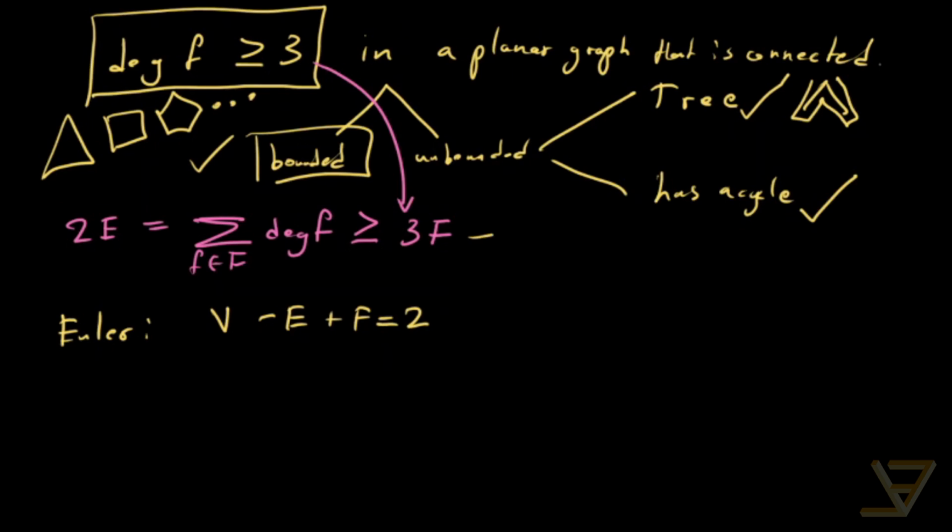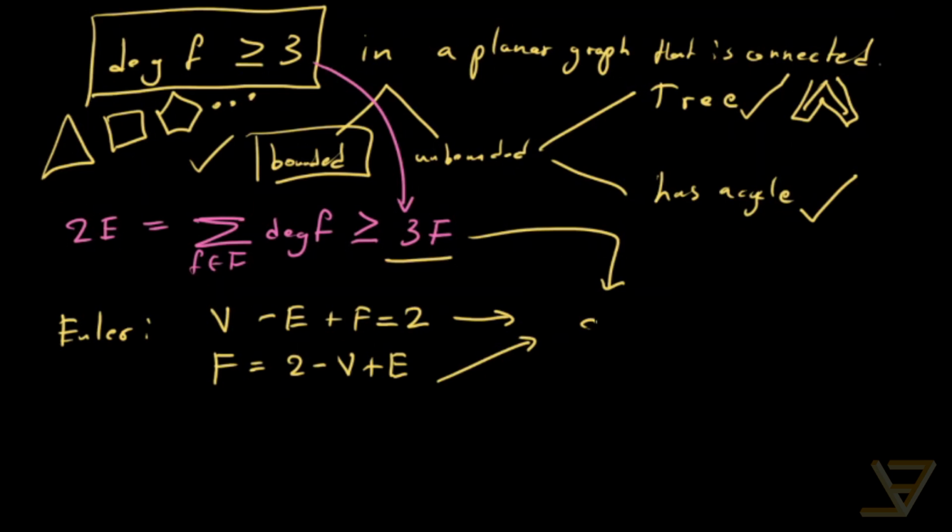So first of all, we're going to isolate f to get f equals 2 minus v plus e. And we're going to put this in here to get 2e is greater than or equal to 3 times (2 minus v plus e).